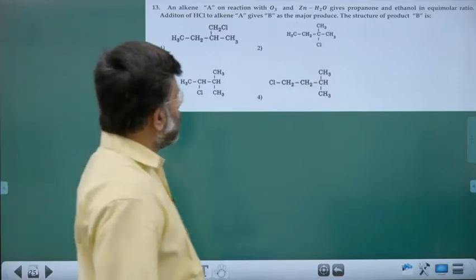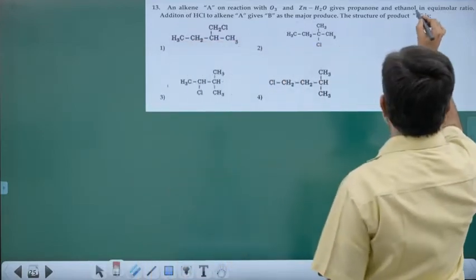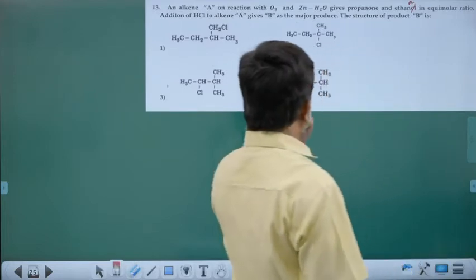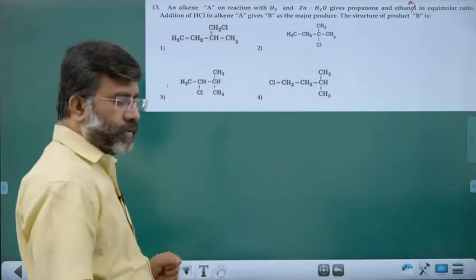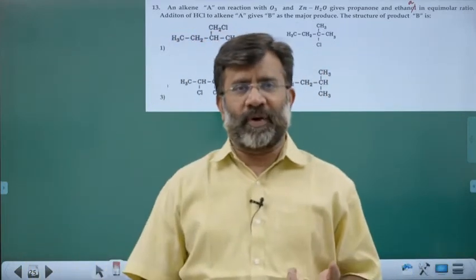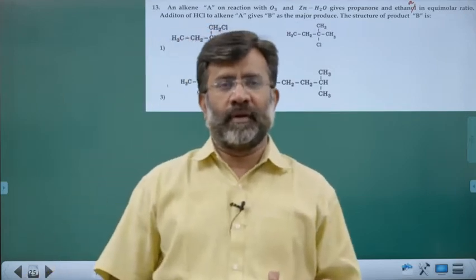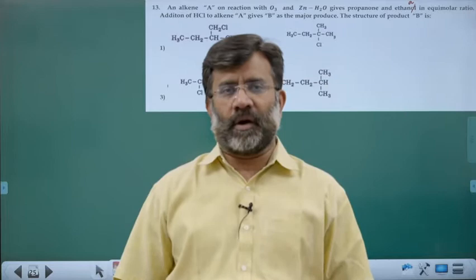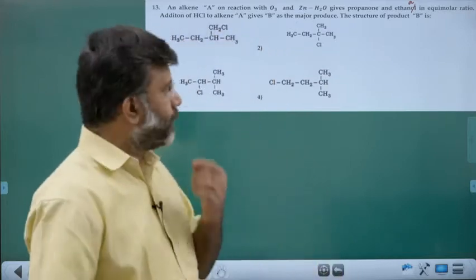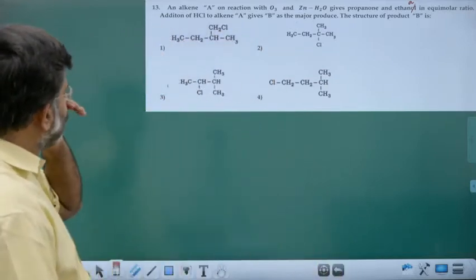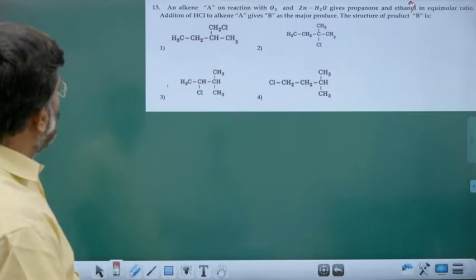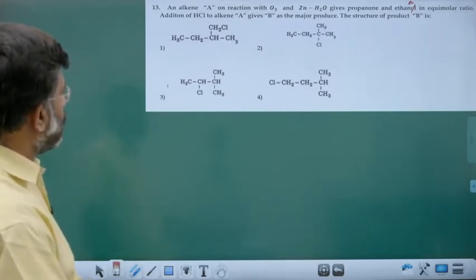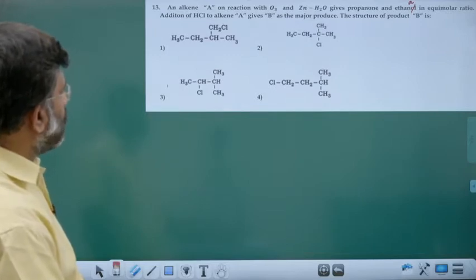It can't be ethanol, it may be ethanal, because ozonolysis provides a mixture of aldehyde and ketone, or the same aldehyde, same ketone, or a mixture of the products, not alcohol. Addition of HCl to alkene A gives B as the major product. The structure of product B is.